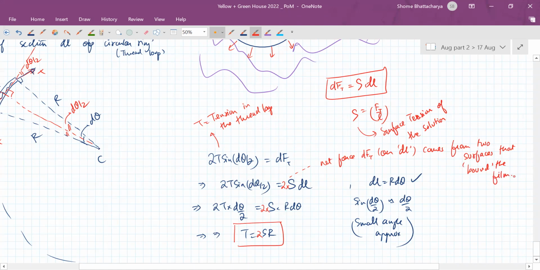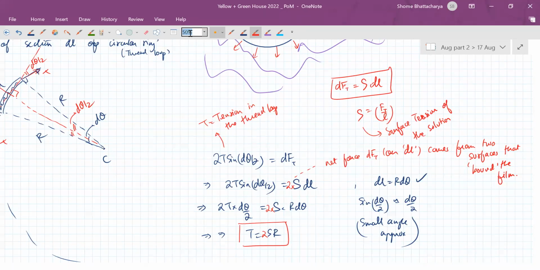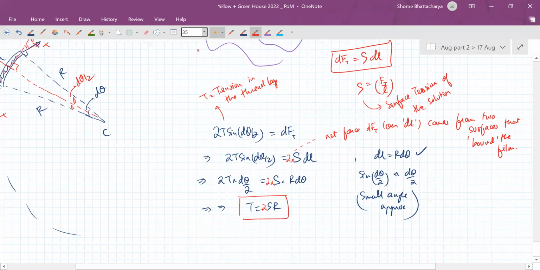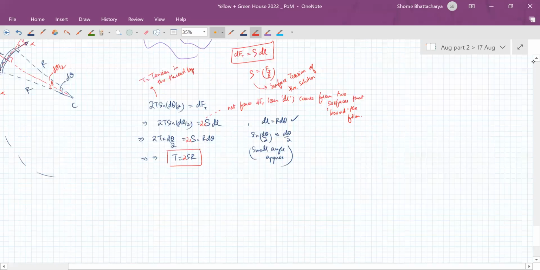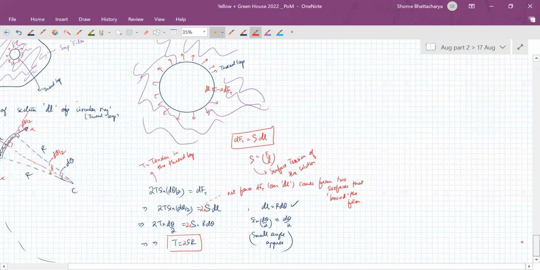Okay, like we've done in derivation of surface energy also, we've seen that a thin film of solution has two surfaces, one upper surface and one lower surface.